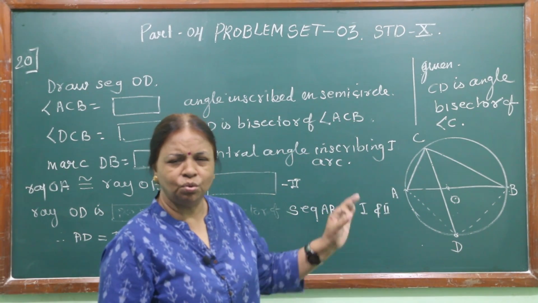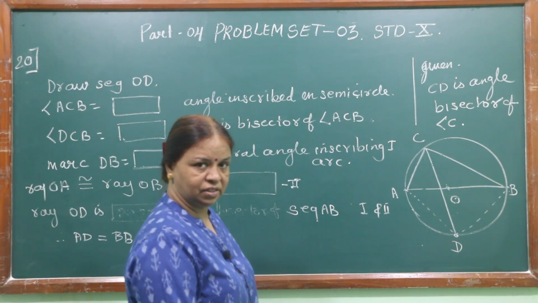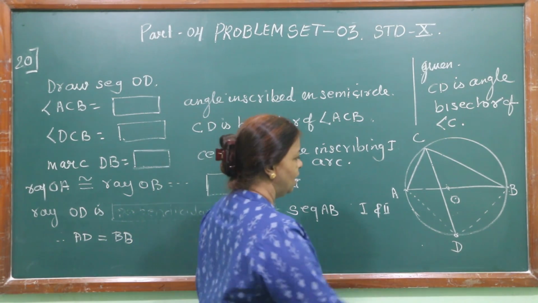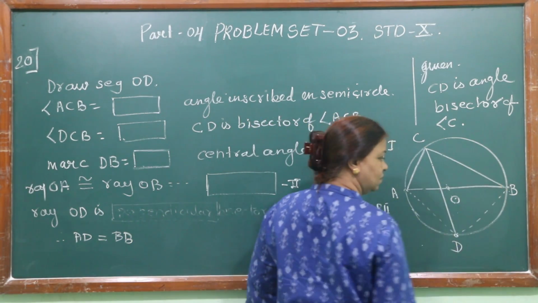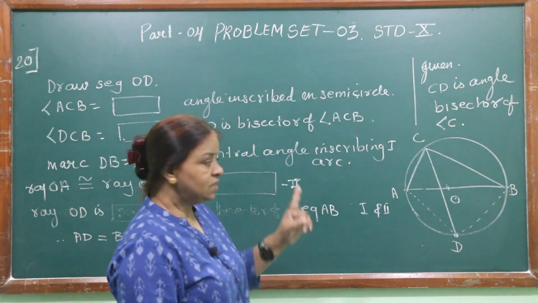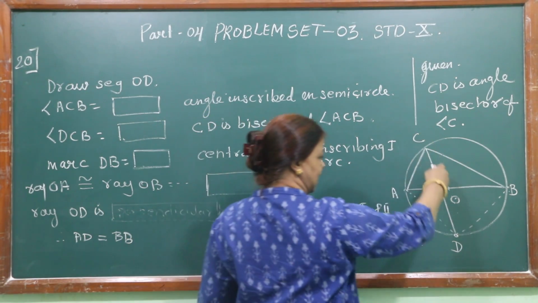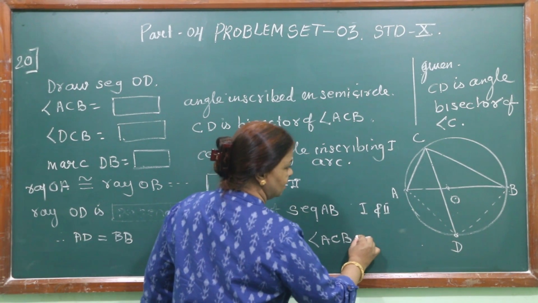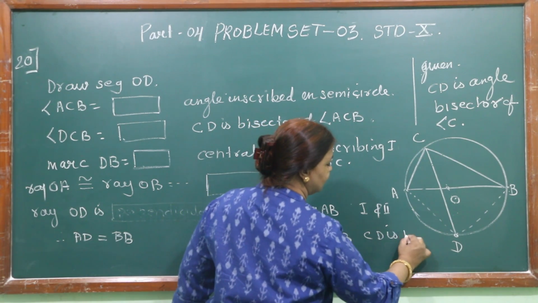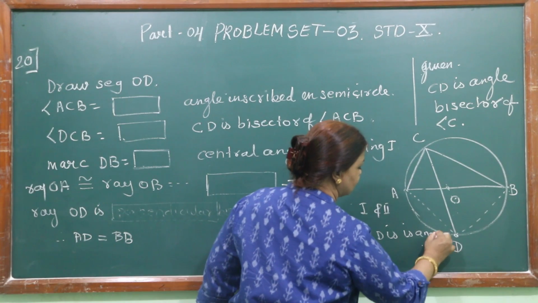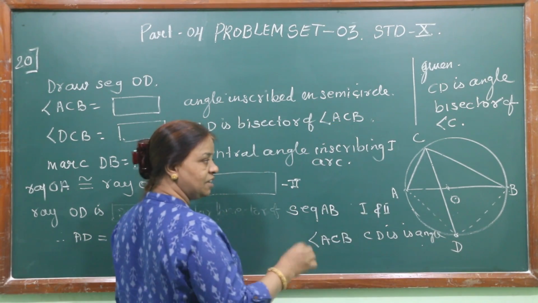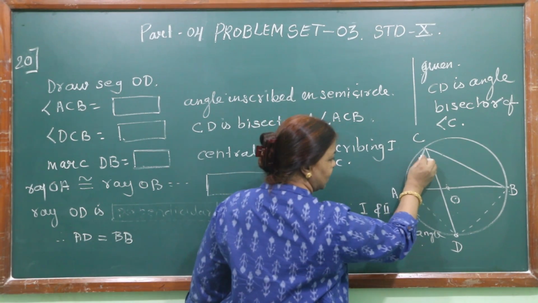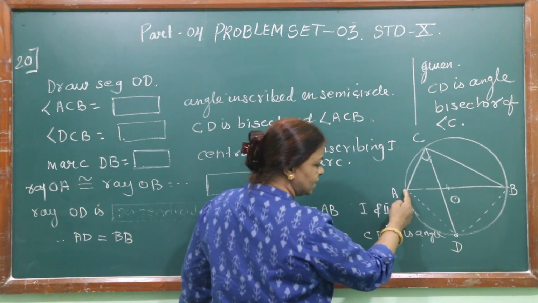We can prove this so easily, in 2 steps, children. How can we do it? See, angle ACB is bisected by line CD. I will show you here. Angle ACB, CD is the angle bisector. This angle is intercepting this arc.